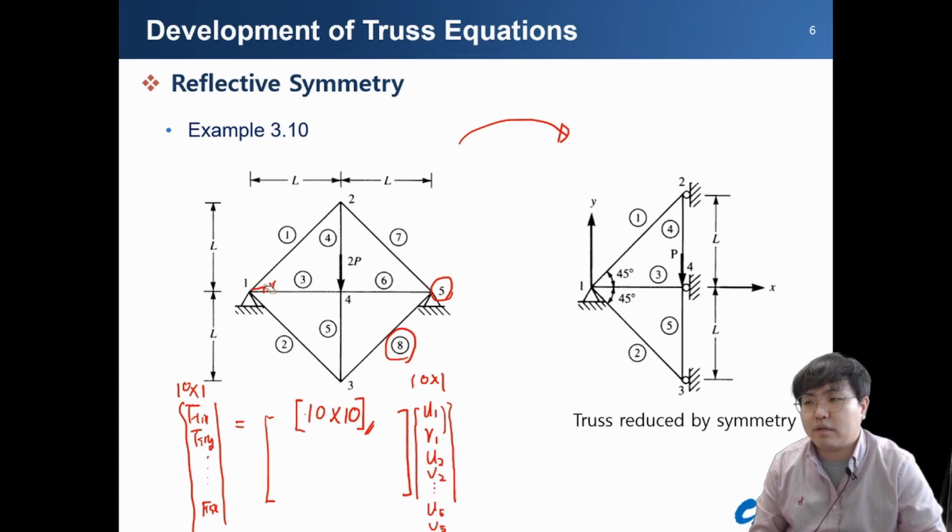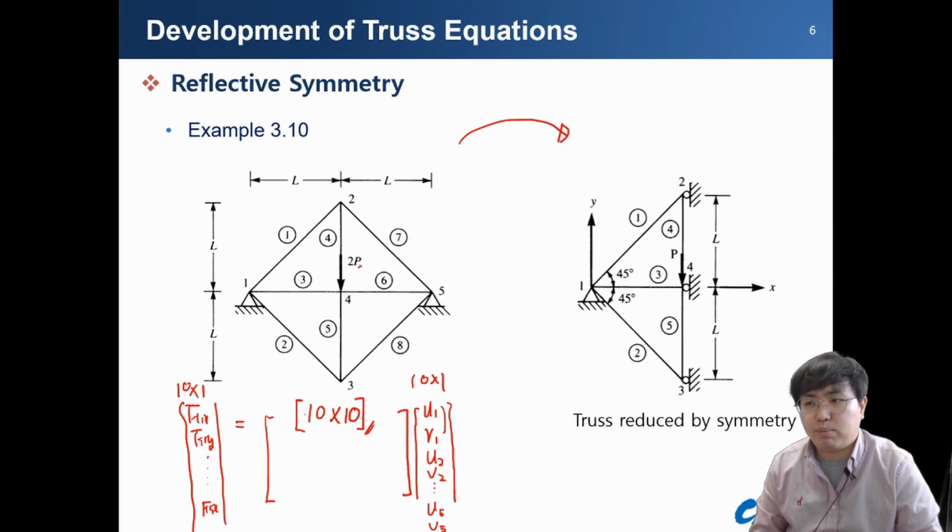Although we have 8 elements and 5 nodes in this 2D truss system, we can easily expect the deformation of this structure.